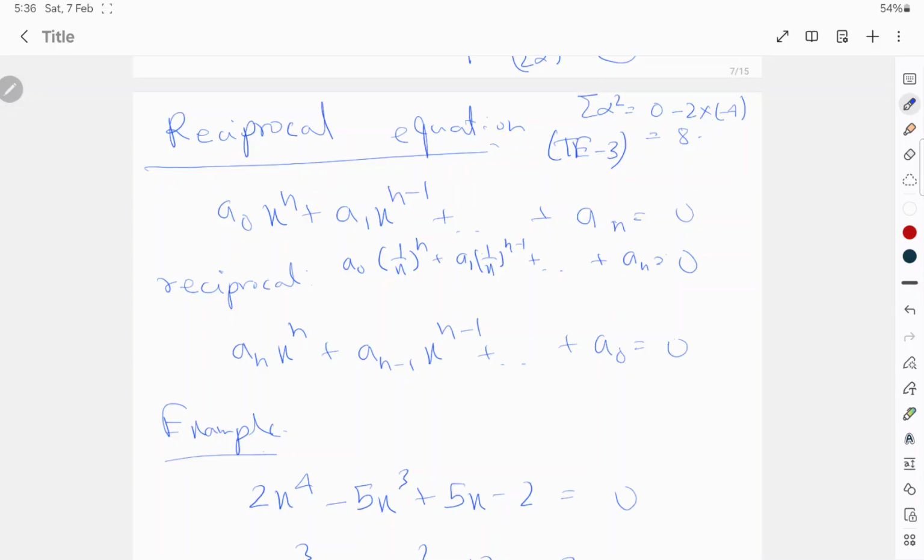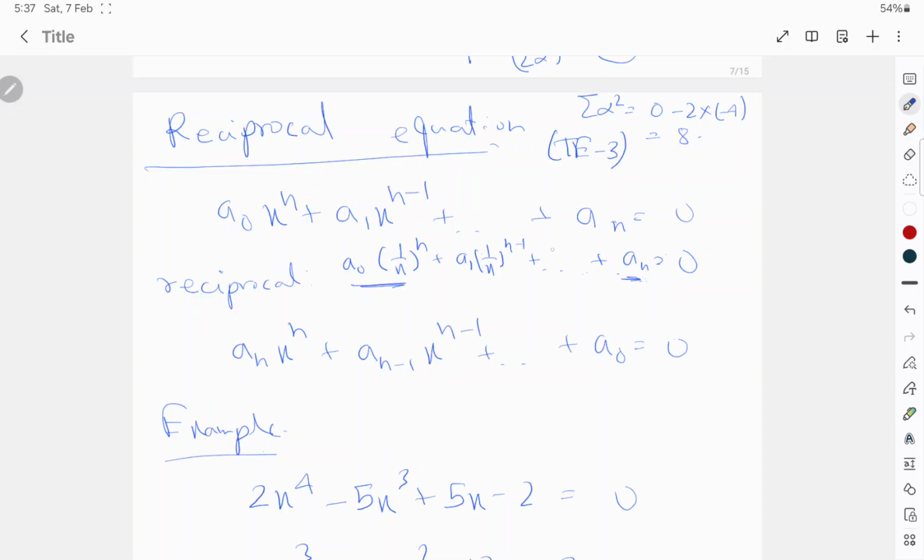Now if you multiply the whole equation with x to the power n, you will get an into x to the power n here. The next previous element, here you have an minus 1 into 1 by x, and you see the first element will be a0 only, in this way.